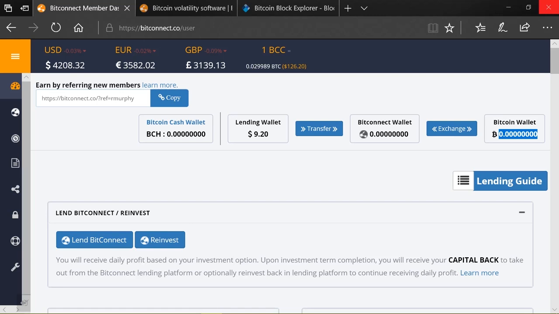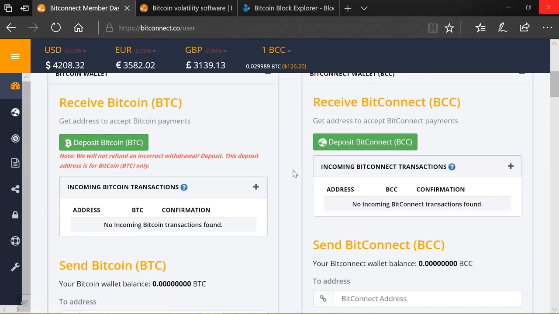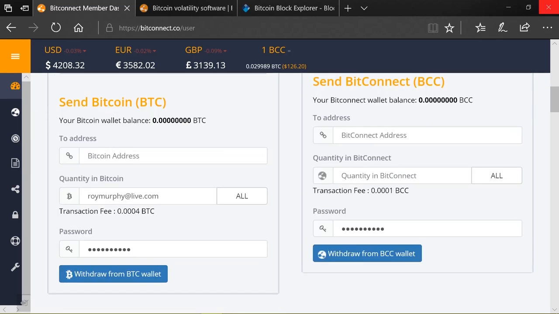Whenever I bring Bitcoins into the web-based wallet in Bitconnect, the first thing you want to do is hit the exchange button, which is a two-way button, as you can see by the arrows left and right. You can exchange Bitcoins into Bitconnect coins and Bitconnect coins back into Bitcoins, and then use this area to send Bitcoins back to your exchange wallet or into your wallet on your desktop.